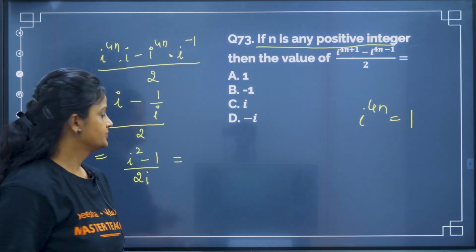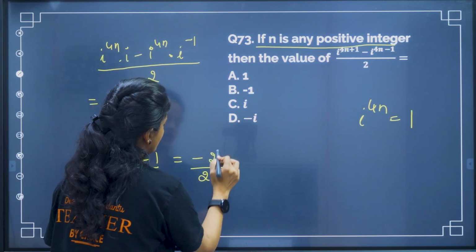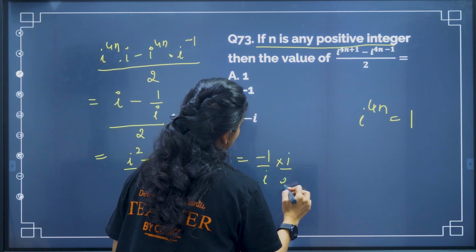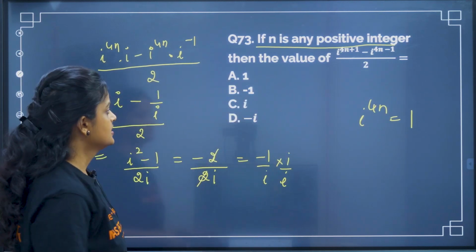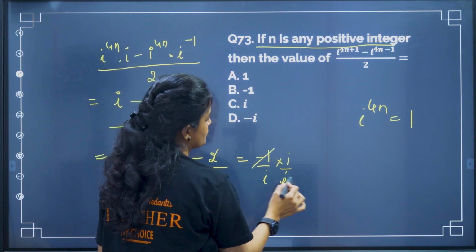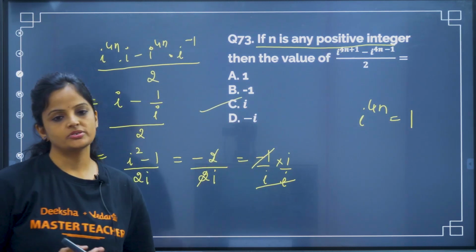What is i squared? Minus 1. So minus 2 divided by 2i, this will give you minus 1 by i multiplied by i divided by i. Isn't it? See the options. i squared is minus 1, this will go off. So I'll get only i, that is there in option C.